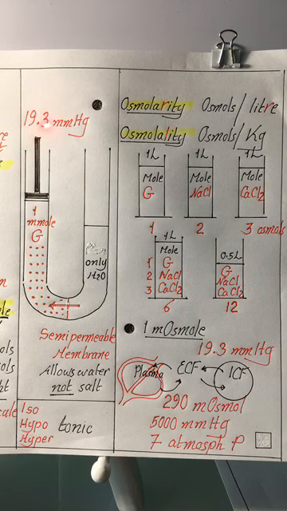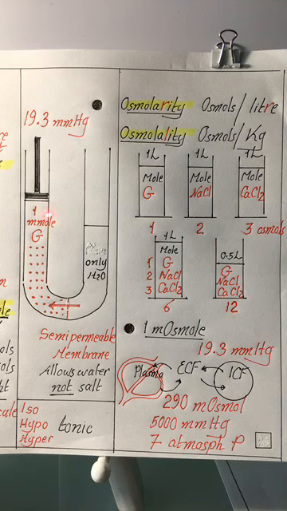They found that they have to press with a pressure equal to 19.3 millimeter mercury to stop the osmotic force caused by 1 milliosmol. To stop it, you need an osmotic pressure which equals 19.3 millimeter mercury.